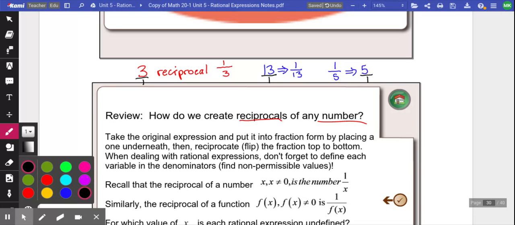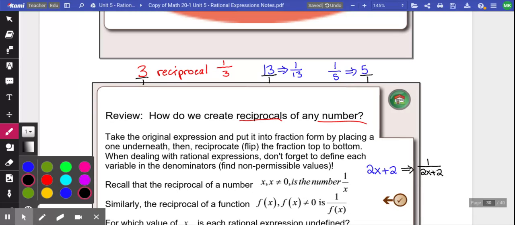Today we're going to do reciprocal functions, which is the same kind of idea, except now we're reciprocating the entire function. So, for example, if we had 2x plus 2, the reciprocal of 2x plus 2 would be 1 divided by 2x plus 2.